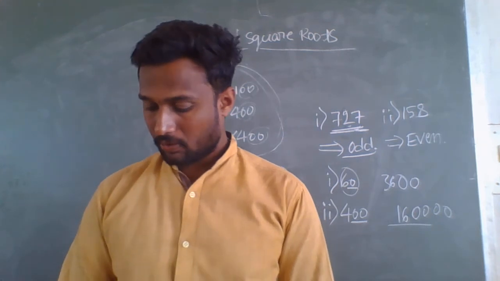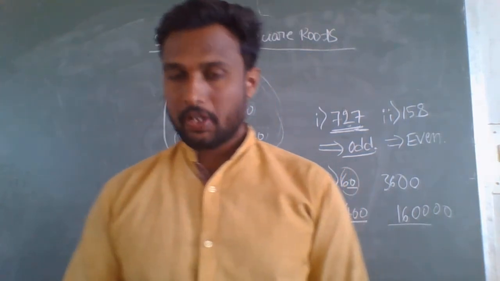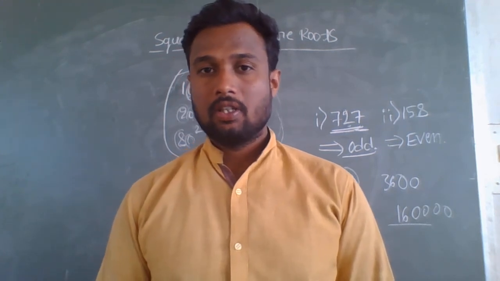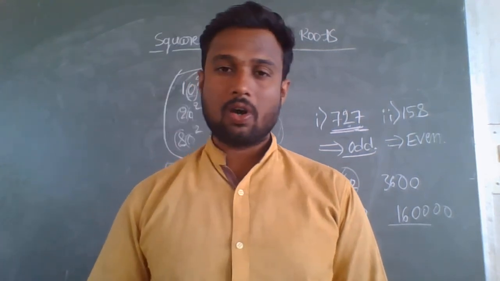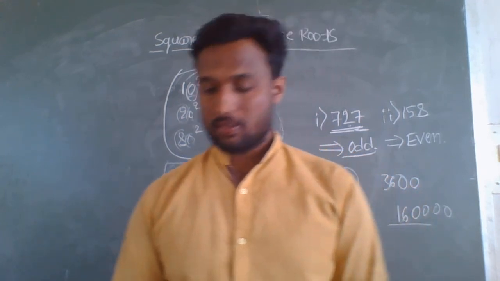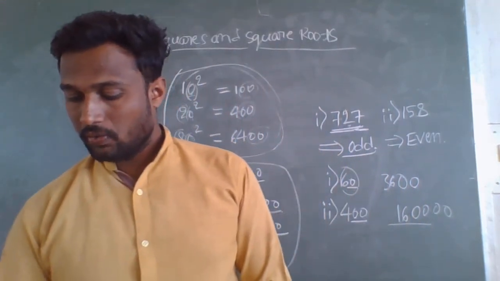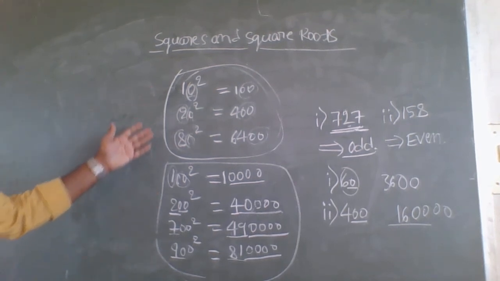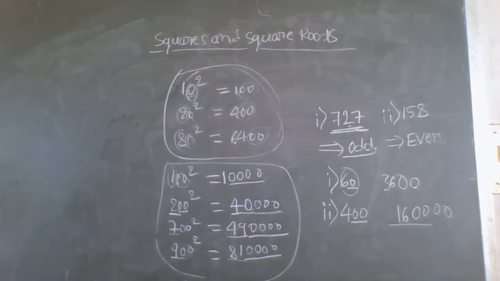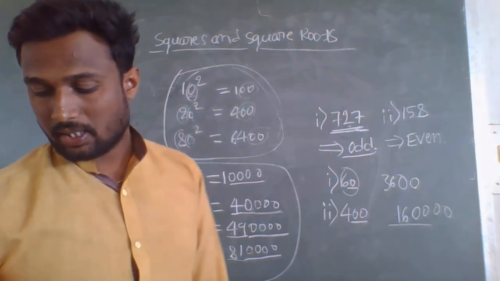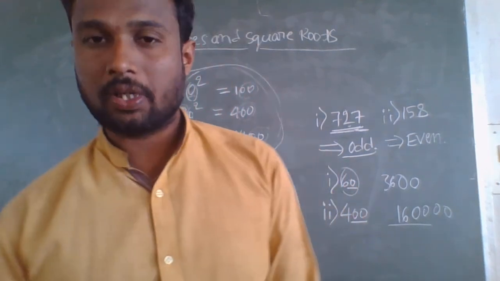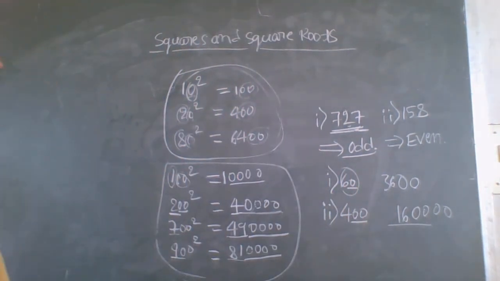And we discussed square numbers ending with 6: when the number ends with 4 or 6, the square number always ends with 6. After that we discussed this, with 10 and 20 and their square values. Okay, next class I will continue with some more examples or the introduction part of squares and square roots.